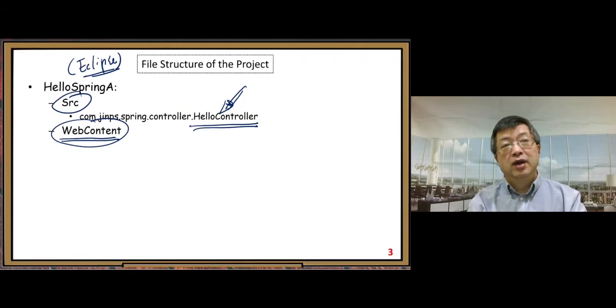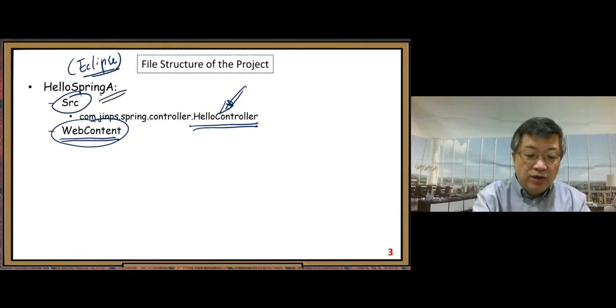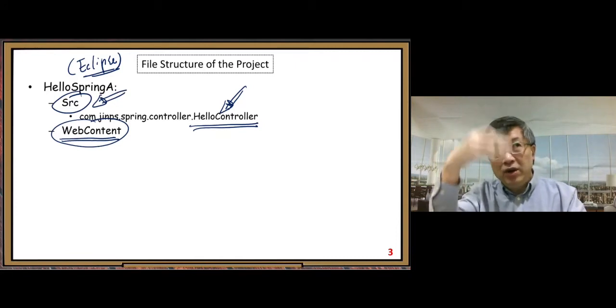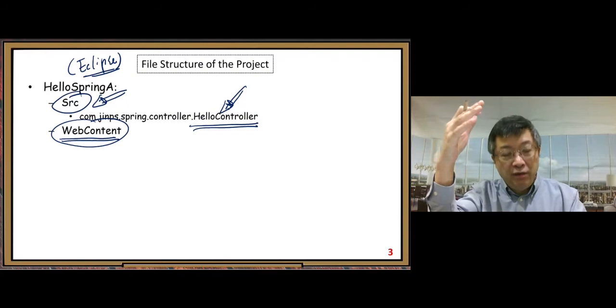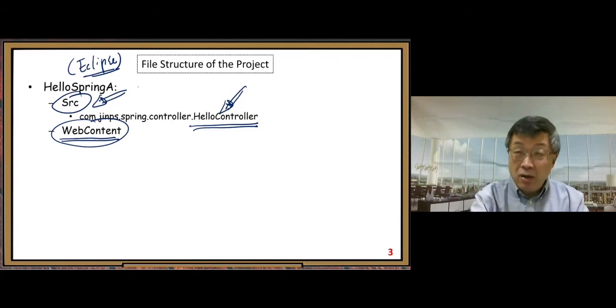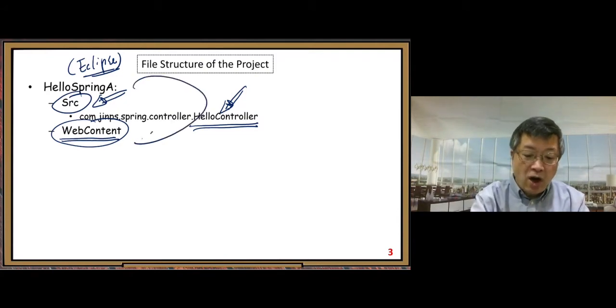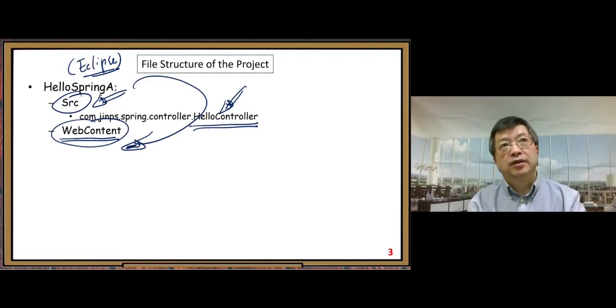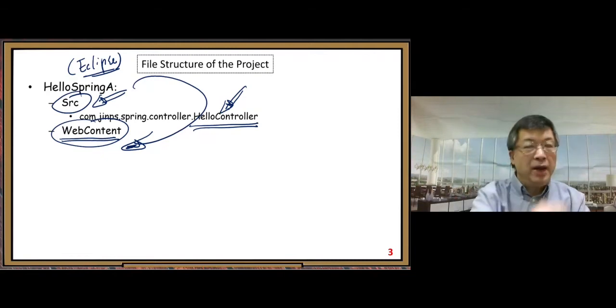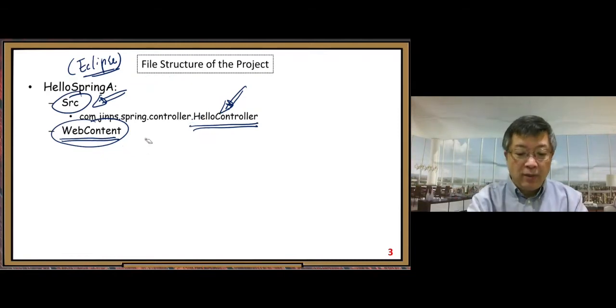When we do development, we work with the Java files in the source node, but when you compile and run the final project, those compiled Java classes will be copied to this web content folder automatically. You do not need to do it yourself. Eclipse will do the copy automatically, so we don't worry about that part.